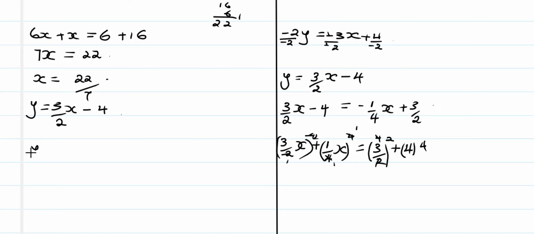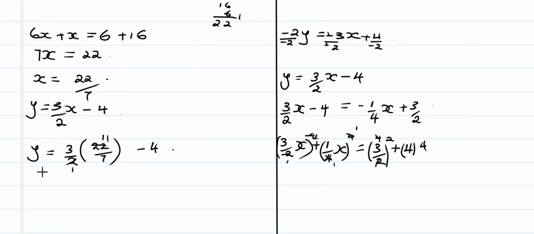So I can say y is equal to 3 over 2 times the value of x, which is 22 over 7, then minus 4. I can divide 22 by 2 to get 11, and then 3 multiplied by 11 is 33.